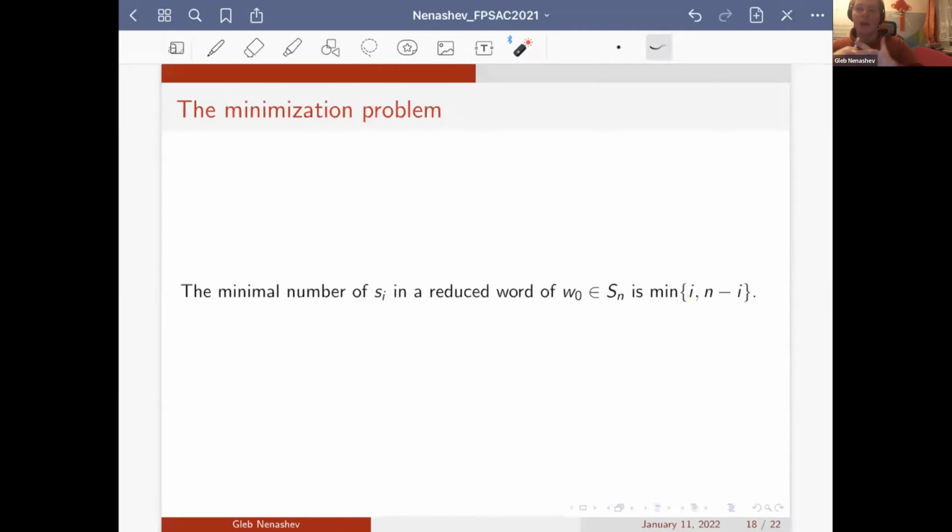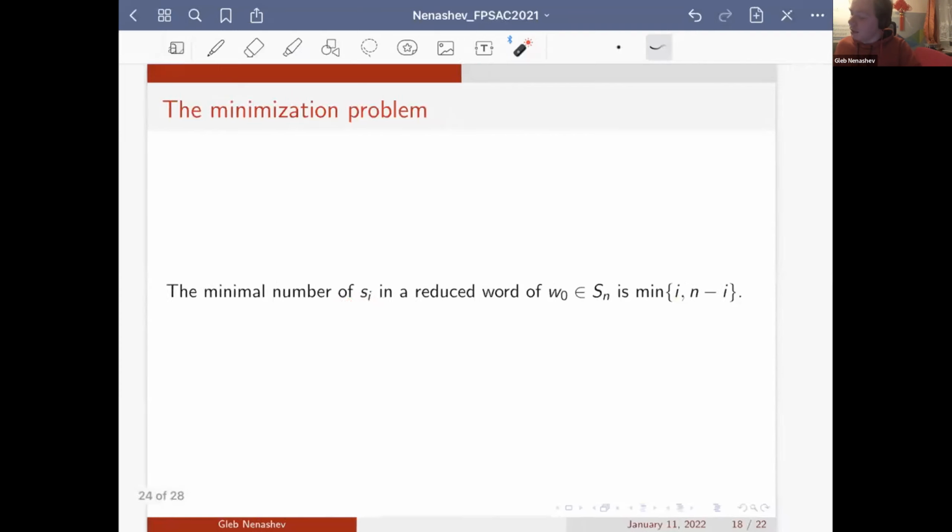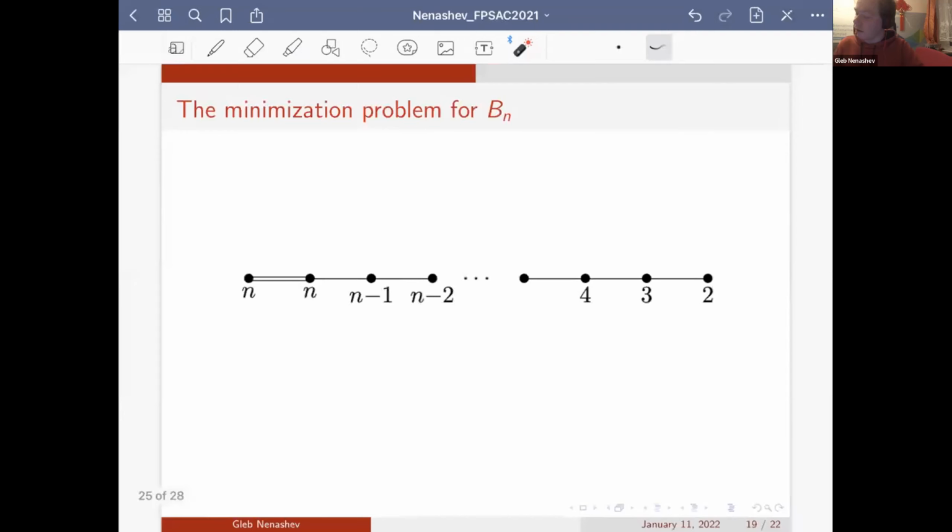So it's not a very interesting problem for type A, but for other types, it's a bit more interesting. For type Bn, the minimal numbers are here. If you know what Coxeter groups are, you can understand it. Otherwise, it's not very important because it's only for this part.